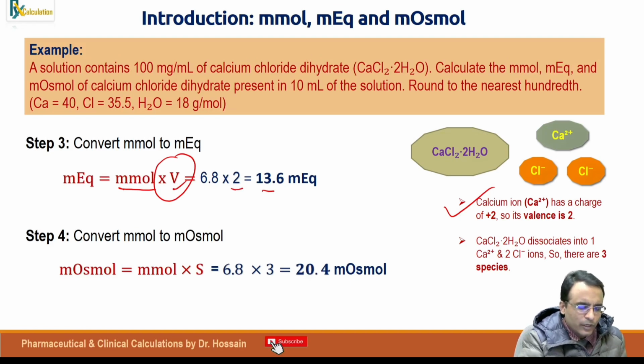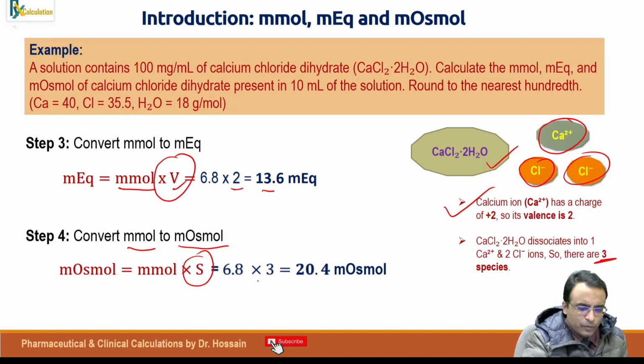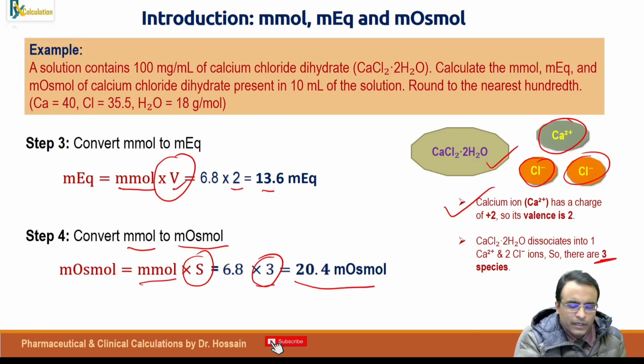Now let's calculate the mOsmol. Calcium chloride dihydrate dissociates into 1 calcium ion and 2 chloride ions. So the total number of species is 3. So you simply need to multiply by 3. If you multiply the millimole by 3, you will get the mOsmol, which is 20.4.